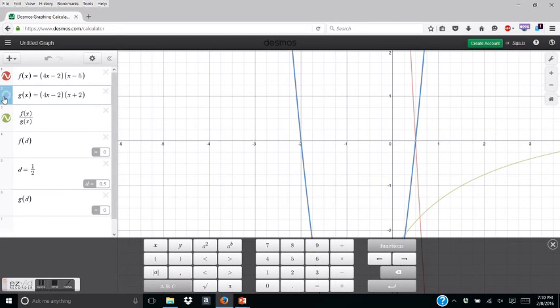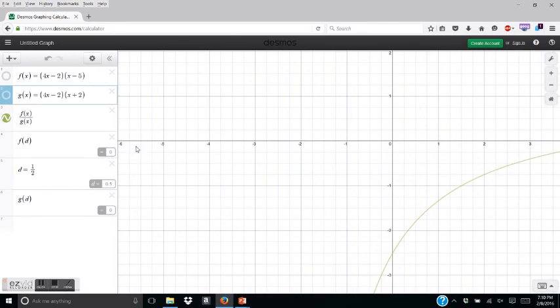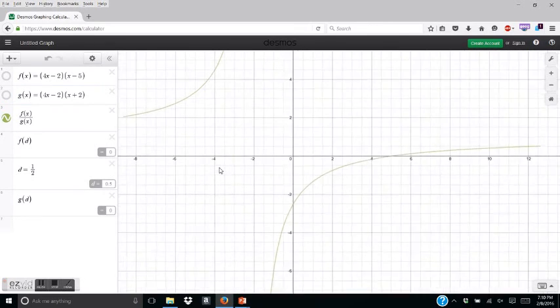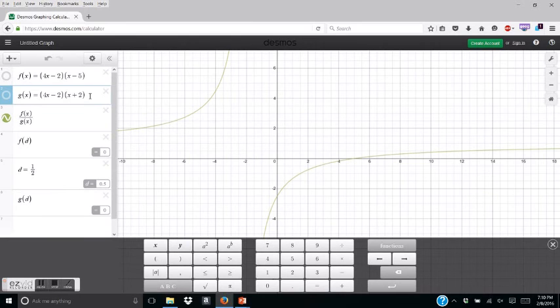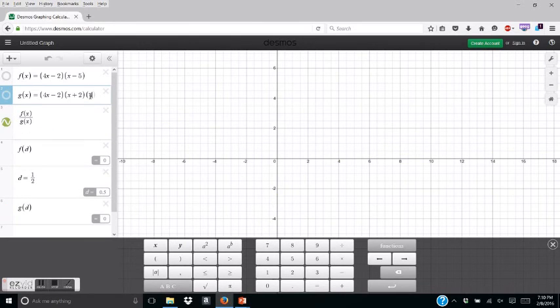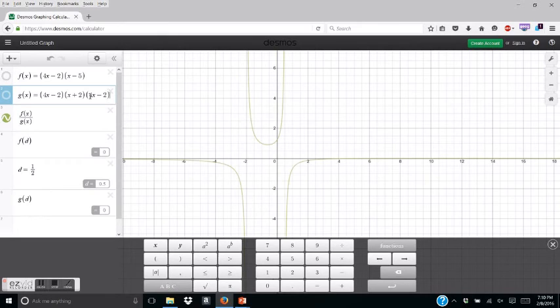Now what happens if I add 4x minus 2 to my denominator as an additional factor? Well, it means we're still going to be 0 at that point for x minus 2. But now that can easily be seen to be an asymptote, even though they're both 0 at that point.